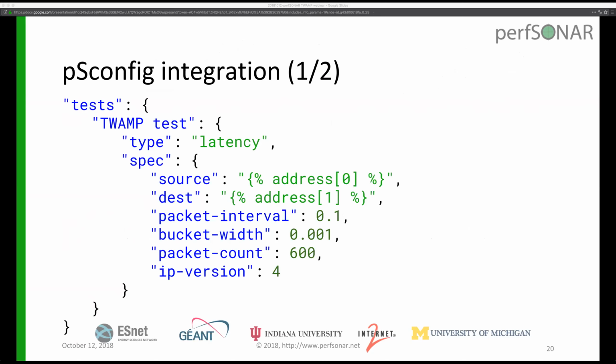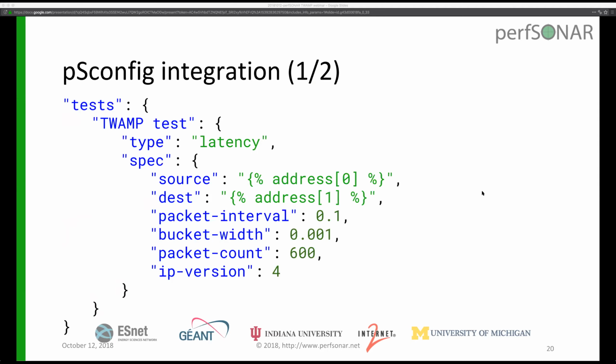So in a pSconfig template, you define the kind of test that you want to run. And here we will define a TWAMP test. This is a latency type of test as per the pScheduler nomenclature.